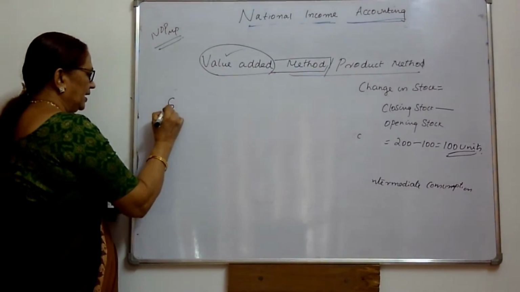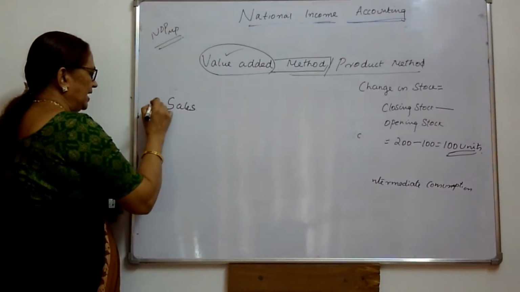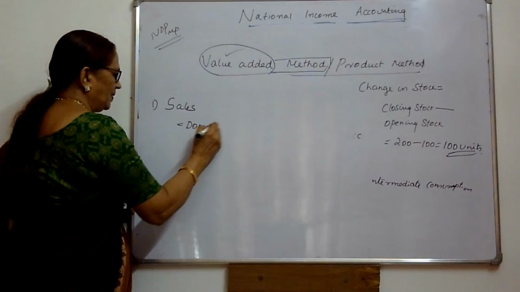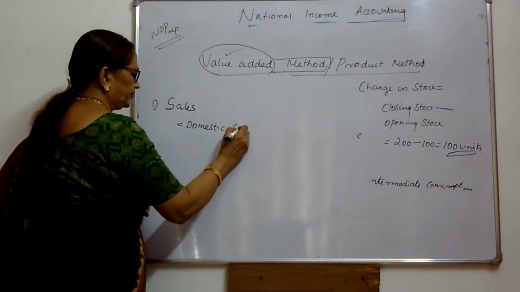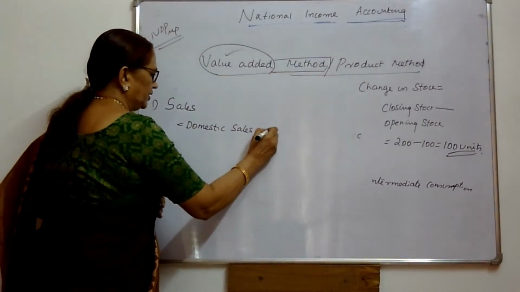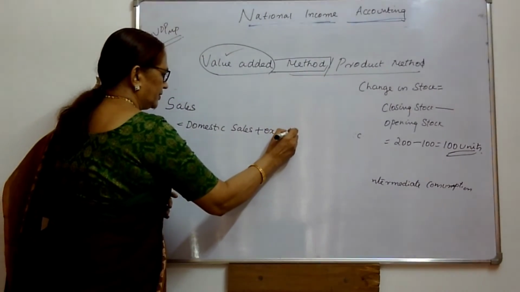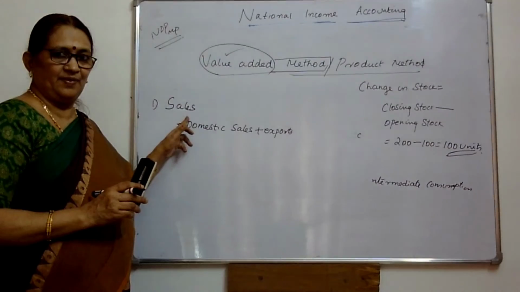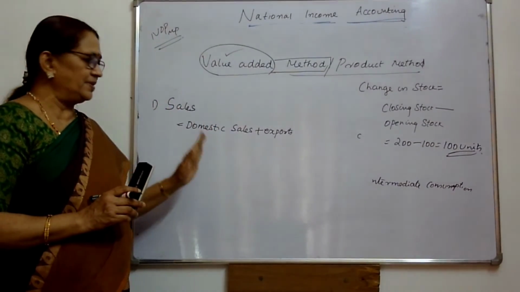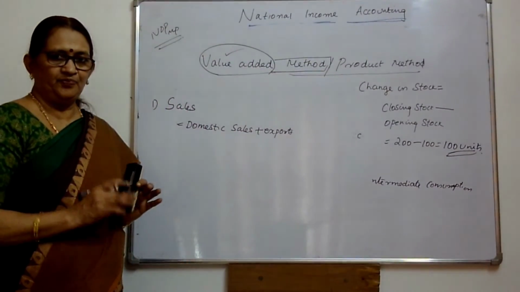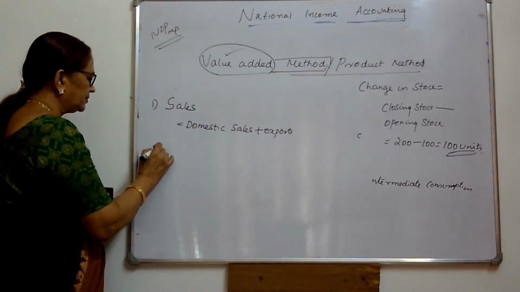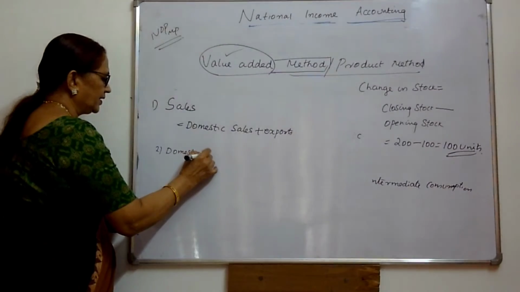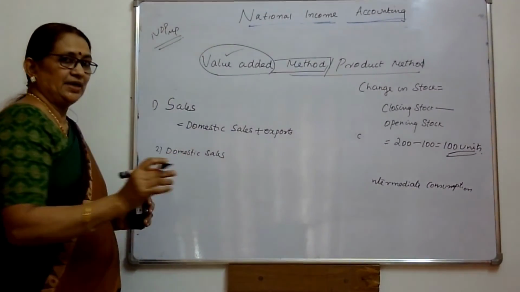So, first of all, if sales is given, it is domestic sales plus export. So, please check in the question. If sales is given, it includes both domestic sales and export. Instead, if domestic sales is given, please check whether export is given.